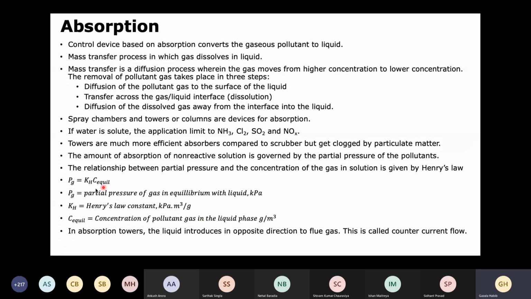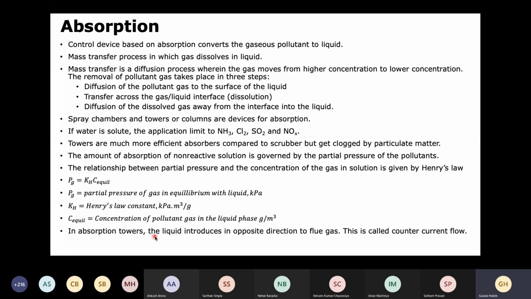This is how the partial pressure of the gas in equilibrium with liquid can be calculated, and this partial pressure will govern the removal or the concentration of pollutant in the liquid phase.